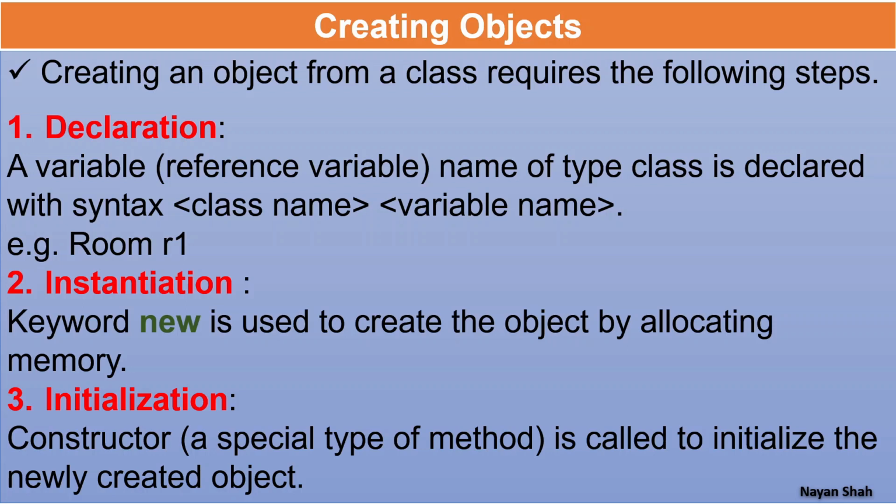A constructor is called to initialize the newly created object. But we have not studied what a constructor is yet, so for the third point, you just leave it. We will be discussing constructors also in the chapter. So right now you see only two things, declaration and instantiation, and we will see them practically now.